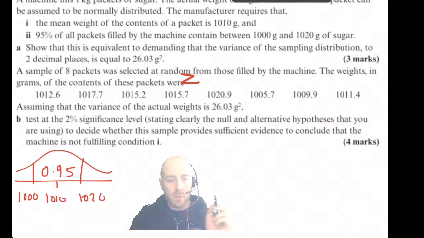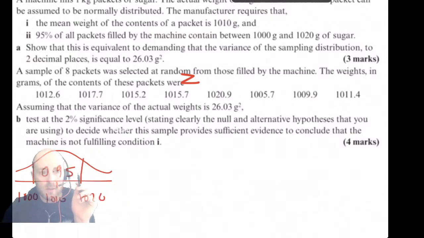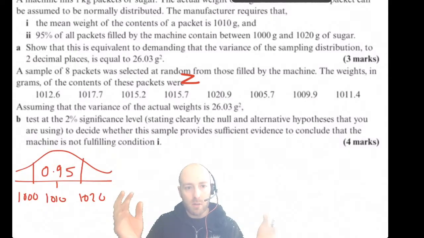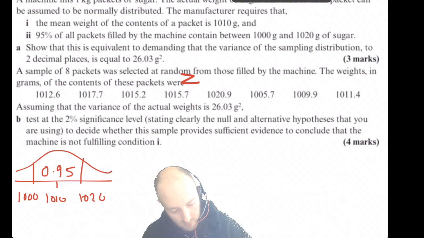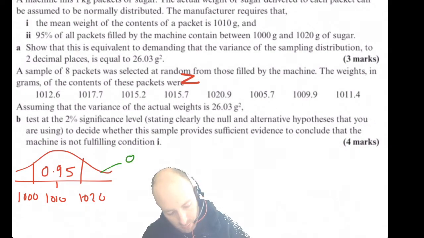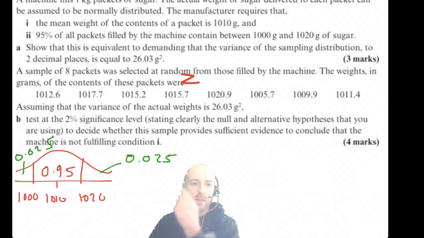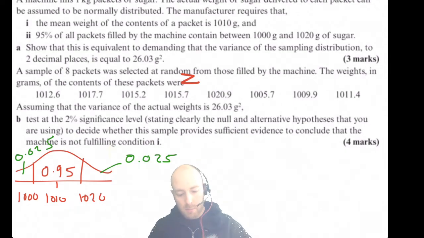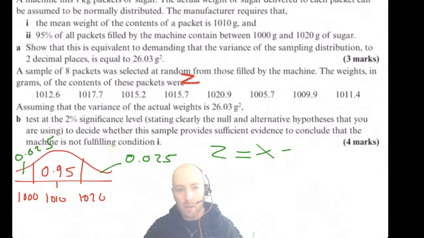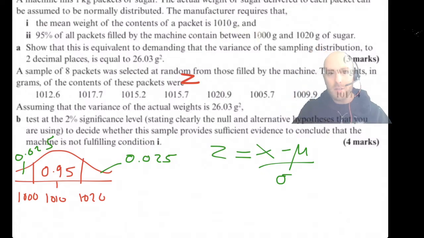We're going to find those because we know the probability for the tails is 0.05 in total, so it's going to be 0.025 for each tail. So we can use an inverse normal to find the Z value that corresponds, and then we're going to use Z equals X minus mu over sigma to find the standard deviation, to find sigma.